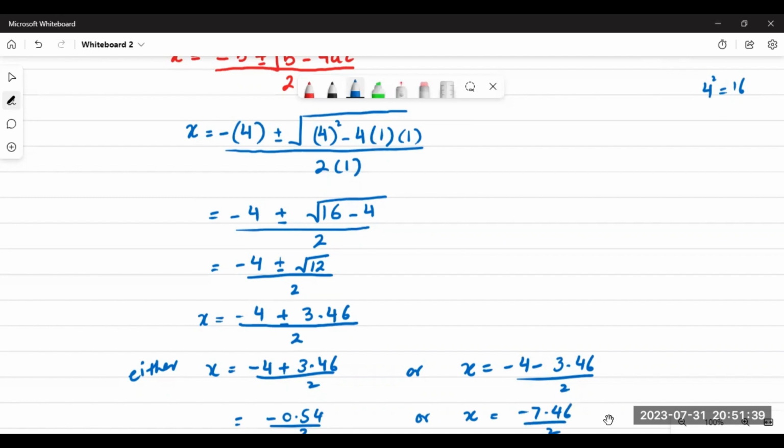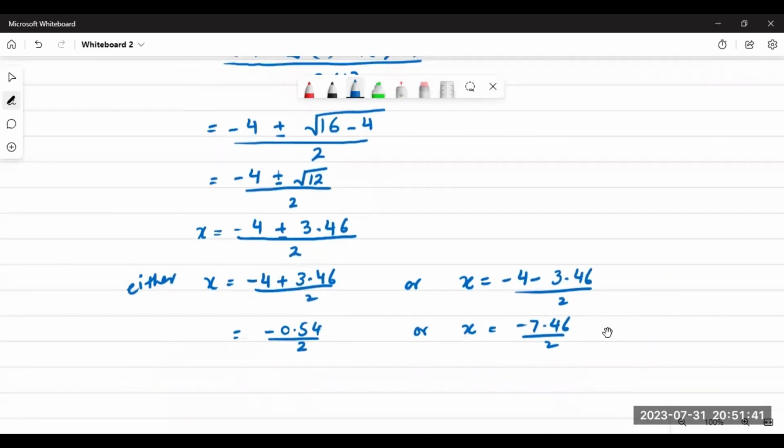Then use your calculator: 0.54 divided by 2 is going to be negative 0.27. This is one answer, x is equal to negative 0.27. And the other, 7.46 divided by 2, is 3.73, also negative, so negative 3.73.